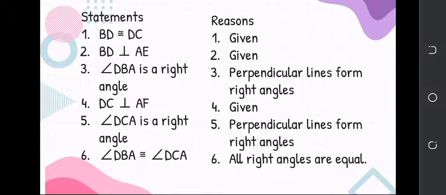And number 4, line segment DC is perpendicular to line segment AF, also given. Number 5, angle DCA is a right angle, because perpendicular lines again form right angles. Now, angle DBA is congruent to DCA because all right angles are equal.